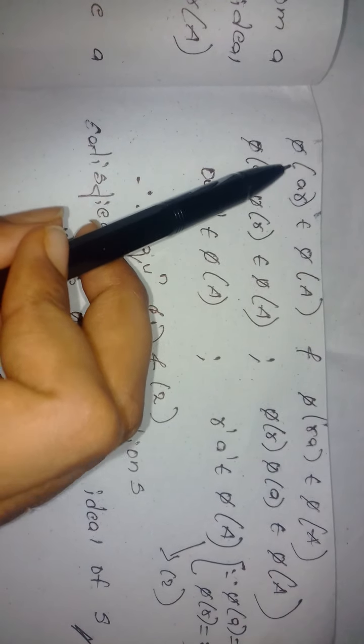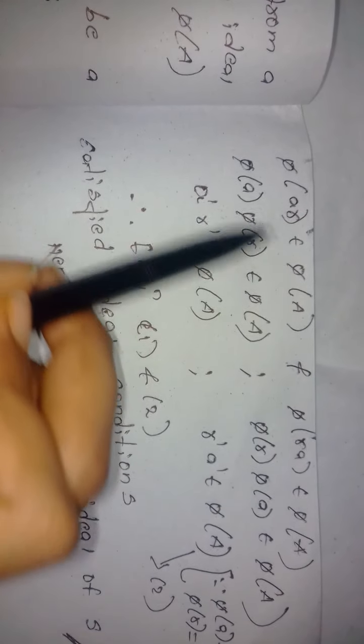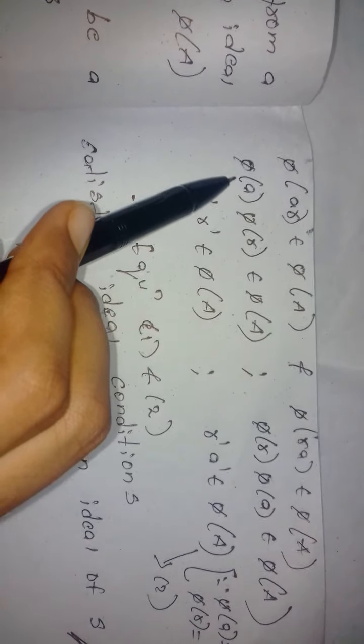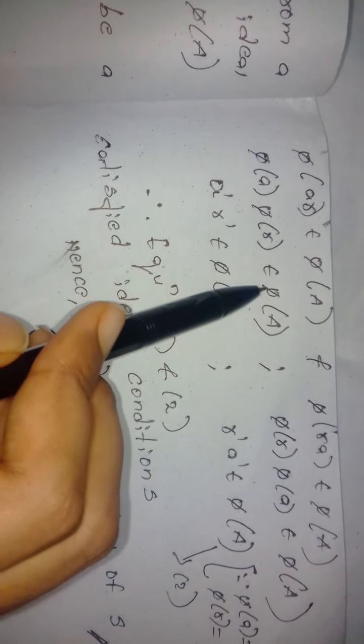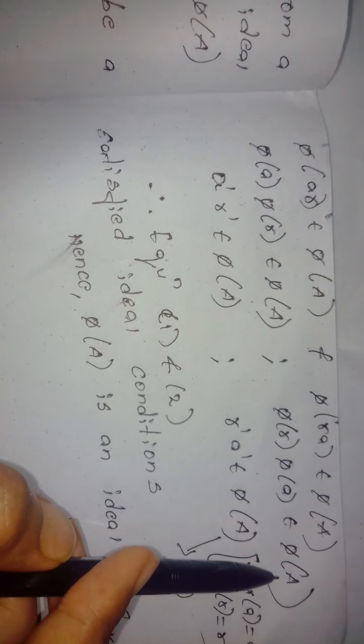In the same way, if ra belongs to A, we write pi of ar and pi of ra belong to pi of A. Here, separately we write pi of ar belongs to pi of A and pi of ra belongs to pi of A. Now, by using the homomorphism multiplication condition, pi of a into pi of r belongs to pi of A. Here also, with the same condition, multiplication, pi of r into pi of a belongs to pi of A.